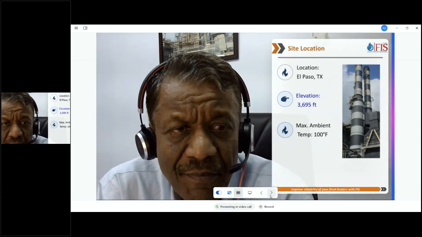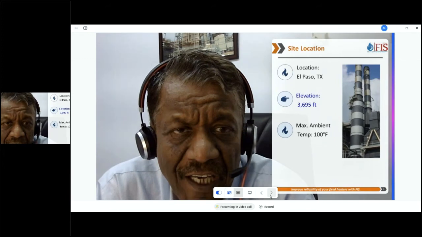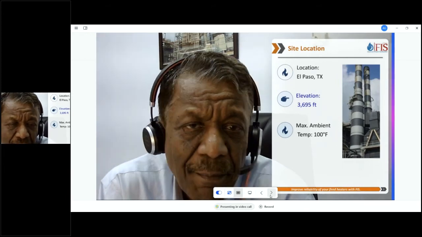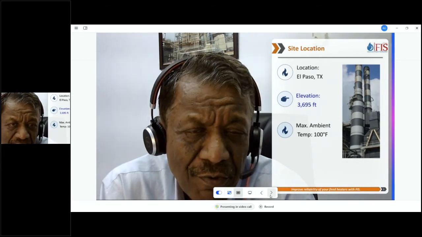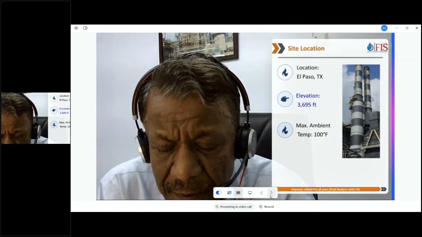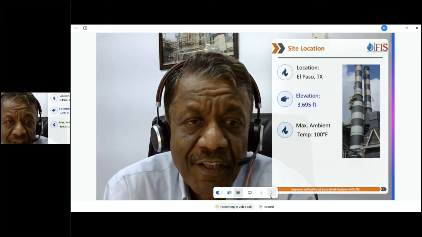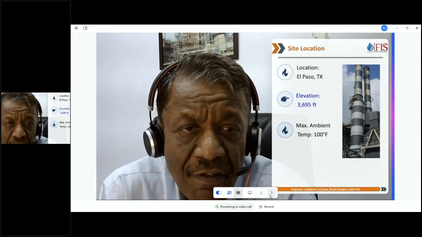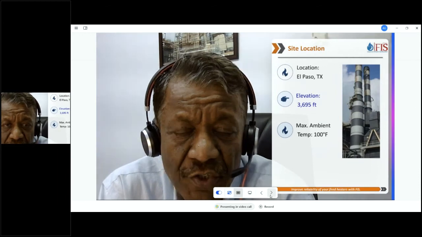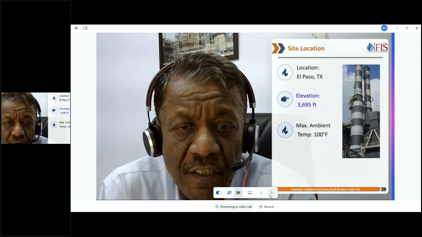Same thing what I've done over here is selected a site, El Paso, and the reason I selected El Paso is about 3,500 feet elevation. One of the things which affect the fired heater design is the site elevation and also the maximum ambient temperature. So these are the two parameters which control the stack design.